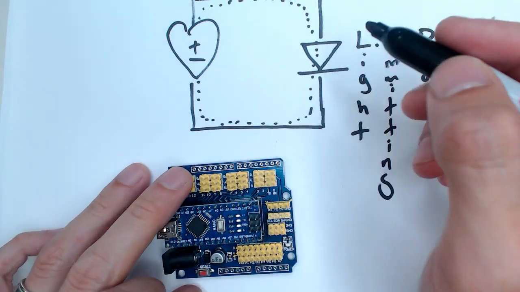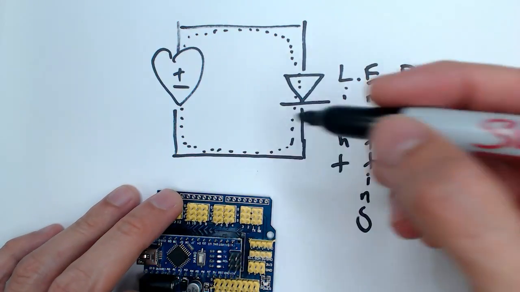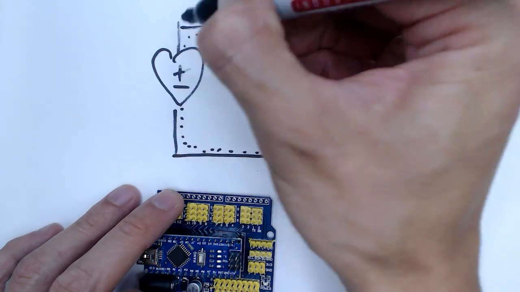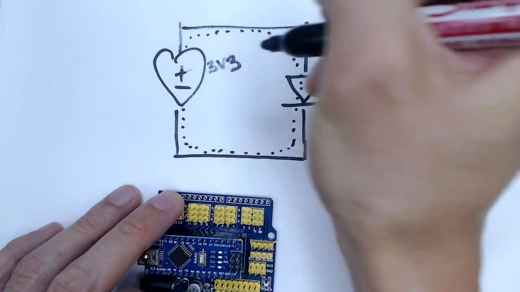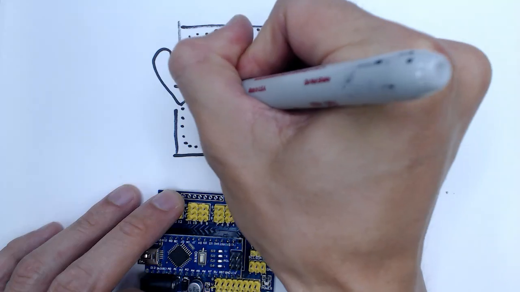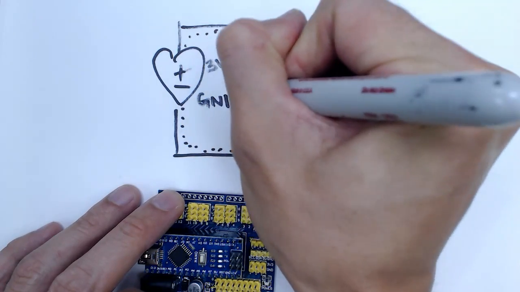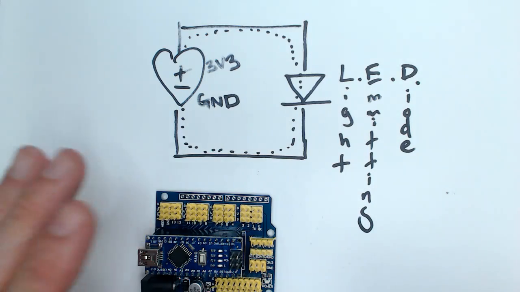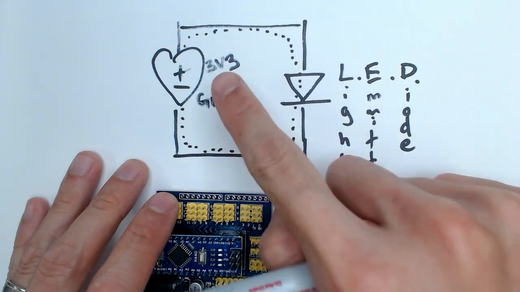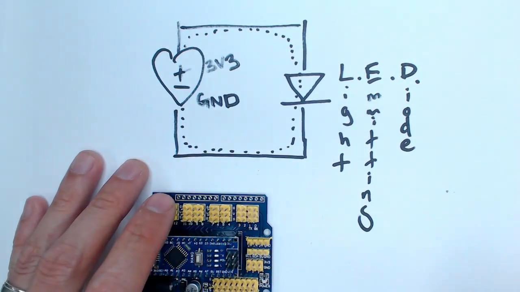So I'm going to update my schematic here. The plus is going to be 3V3 and the minus is GND. A couple things here. The plus is always going to be the high number, or the power source.